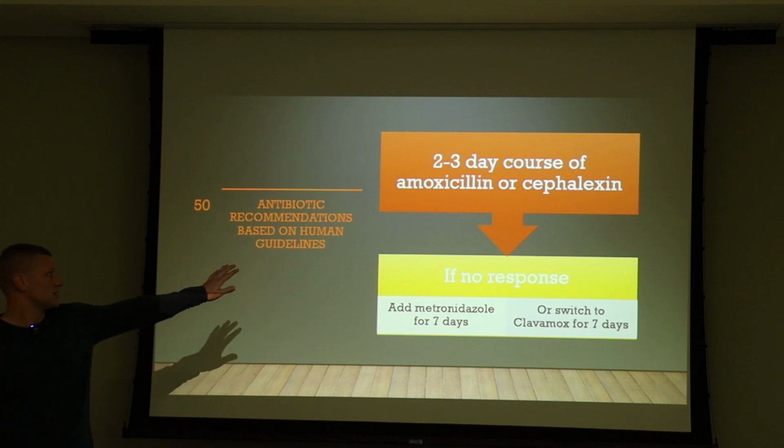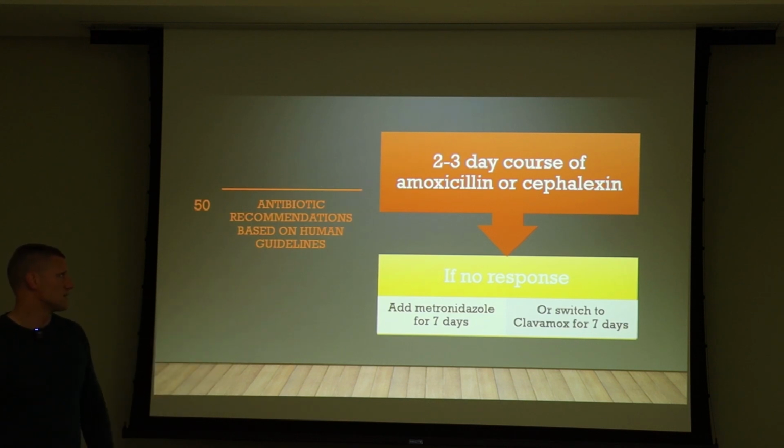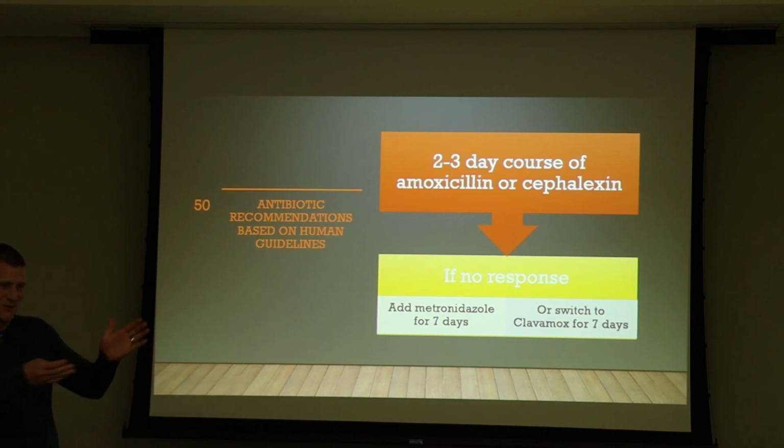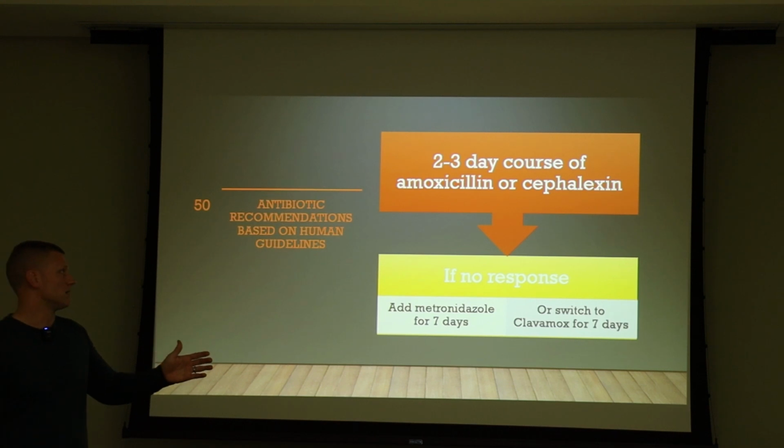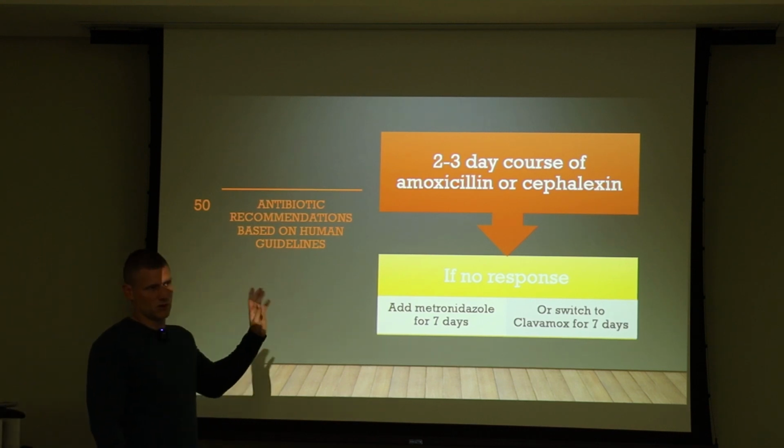So a 2 to 3 day course of amoxicillin or cephalexin. Right now we're doing Clavamox. You're higher up on the scale than you probably need to be using Clavamox, and even clindamycin, because you should be using these lower generations.